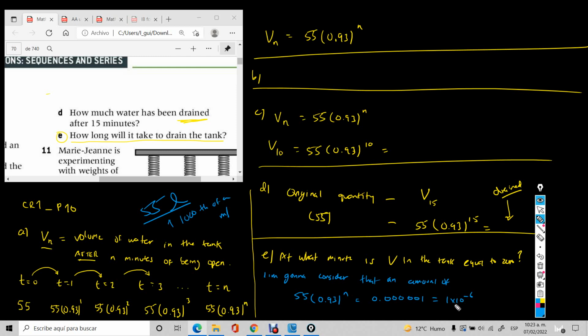This is such a small amount of water, guys, 1/1,000 of a milliliter. It's basically nothing.